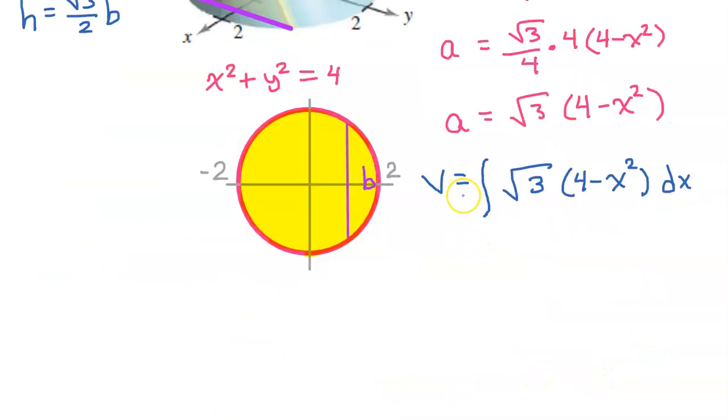Step 3 is to find the volume by integrating the area. Basically, we are adding up all of the slices from -2 to +2. So that's why we will integrate the area from -2 to +2. On the next step, I will take this constant of radical 3 and put it in the front of the integral.